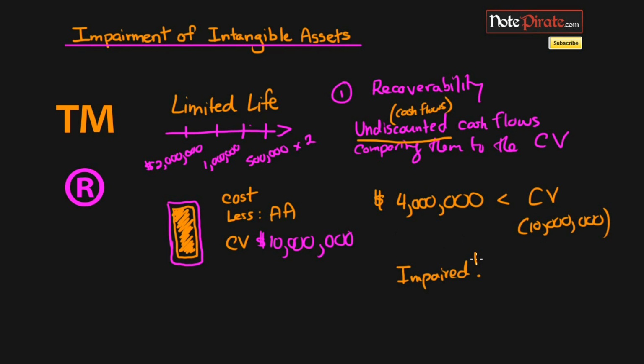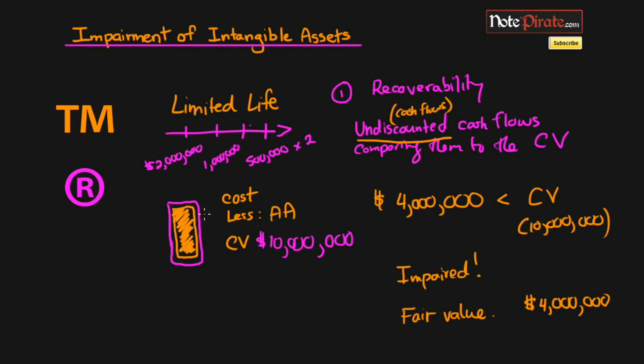Once we know that it's impaired, what we're going to do next is write it down to its fair value. At the moment we don't know the discount rate, therefore we can't find the discounted cash flows, so we're just going to write it down to the undiscounted cash flows, which is $4 million.